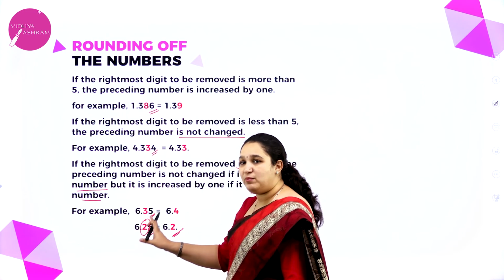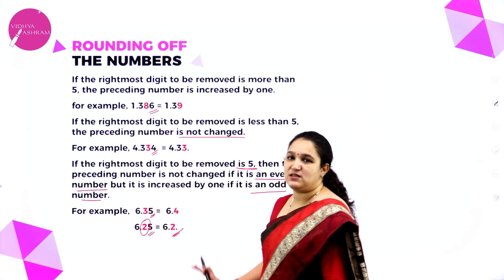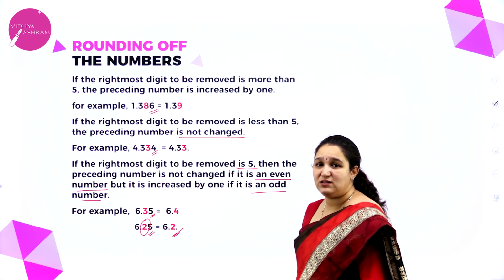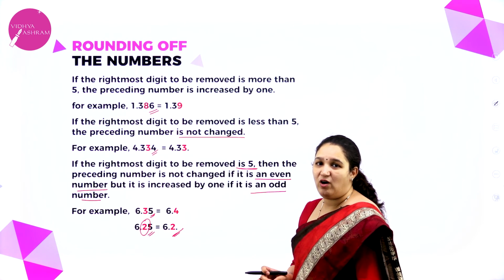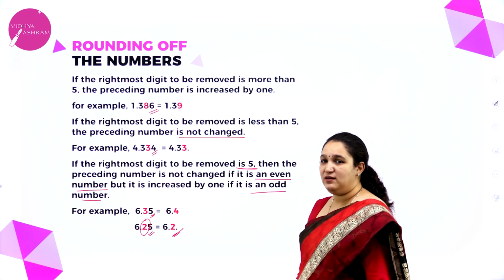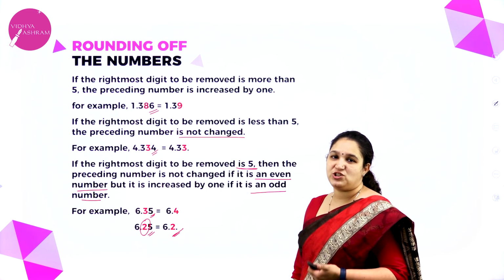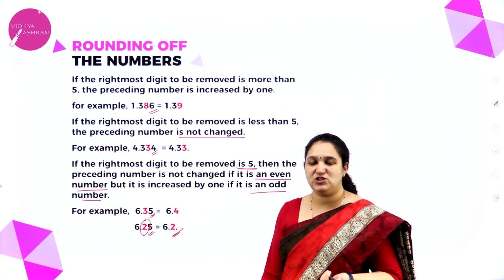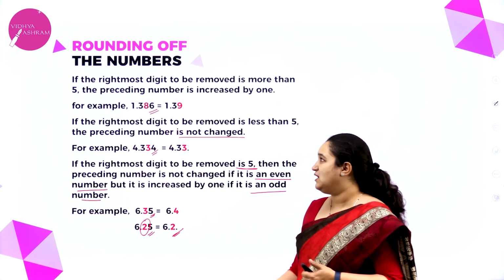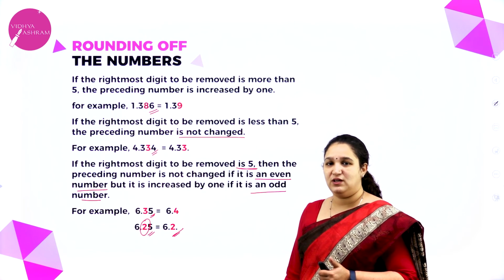If the preceding number is an even number, leave it as it is. So these are the rules for rounding off the numbers. So I hope I am clear with what are significant figures, addition and subtraction, multiplication, division of significant figures, as well as rounding off of the numbers.